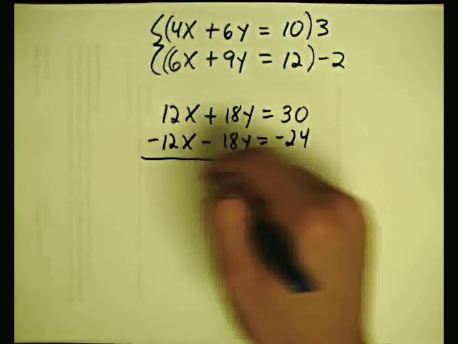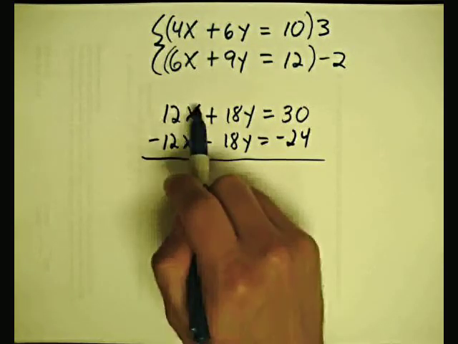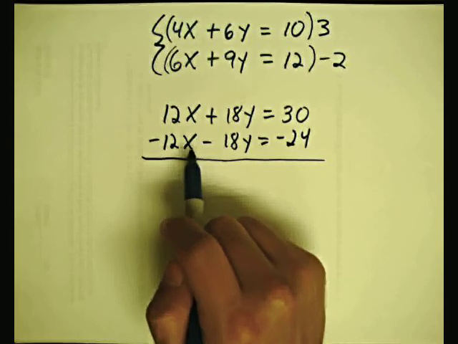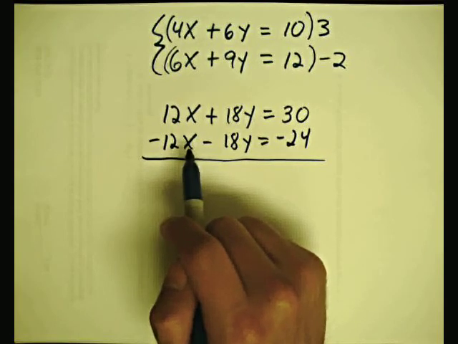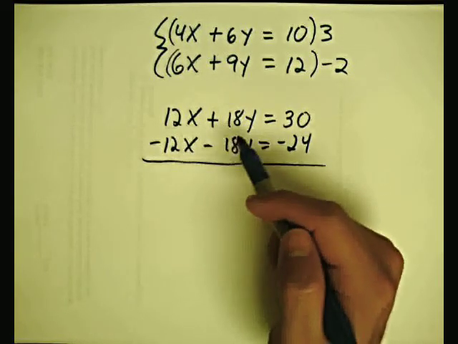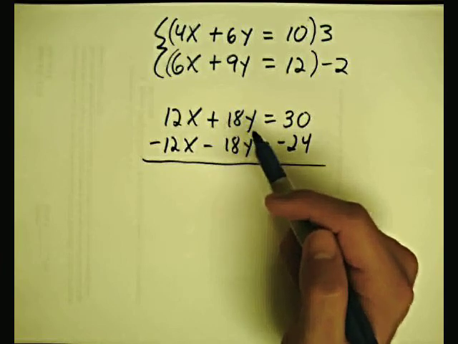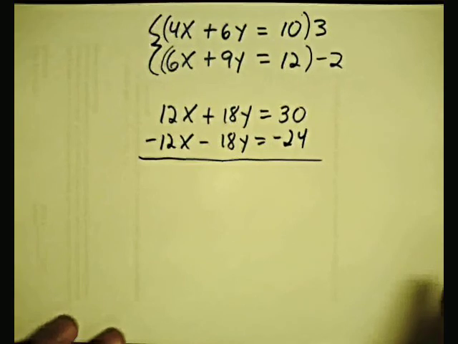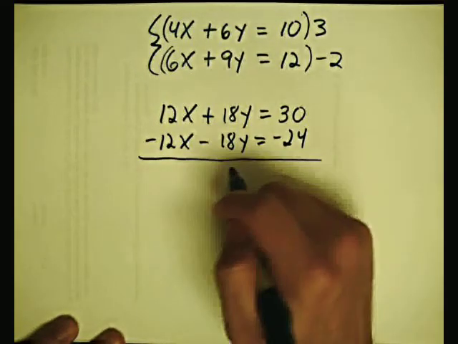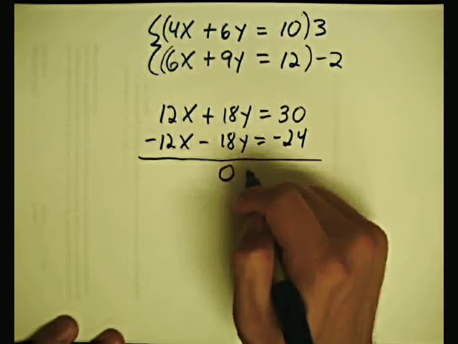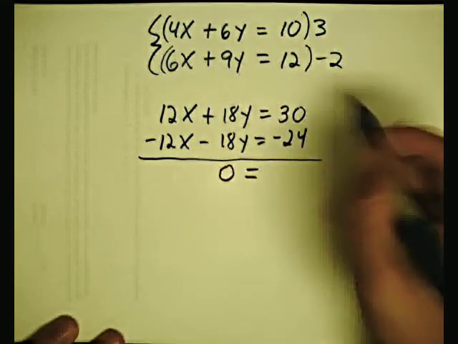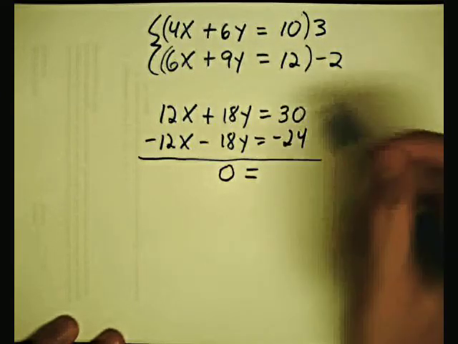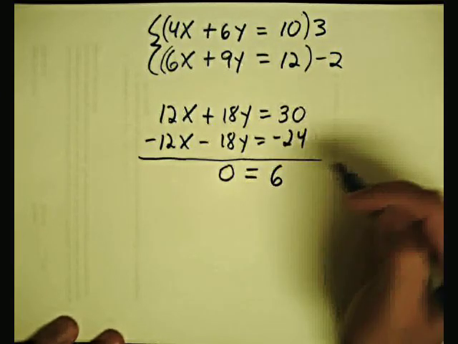So now when I add these equations together, 12x minus 12x is 0. That was the point. On this particular problem, though, when I go to the y's, 18y minus 18y is also 0. So in this problem, my variables completely cancel away, leaving me 0 on the left. And on the right, 30 minus 24 is 6.